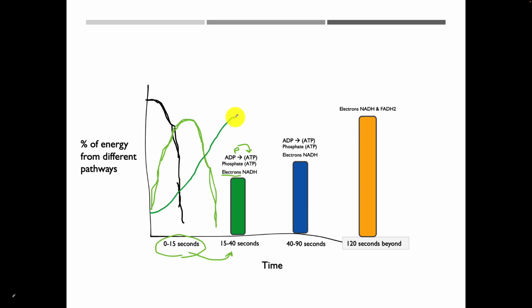It will regenerate ATP, and then it will start to fall if exercise continues to surpass 40 seconds, all right? So we can see this kind of trend here of depletion, transfer to the next system, depletion, transfer to the next system, right? And we know that with anaerobic glycolysis, we are using sugar, we are using glucose, okay?